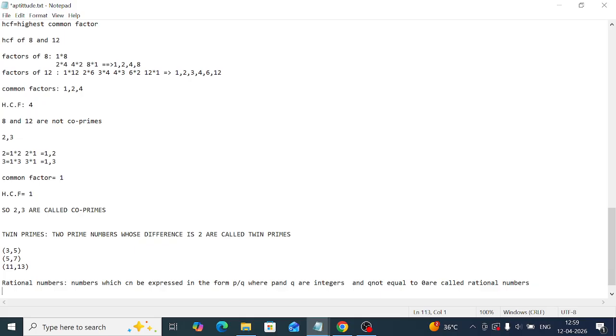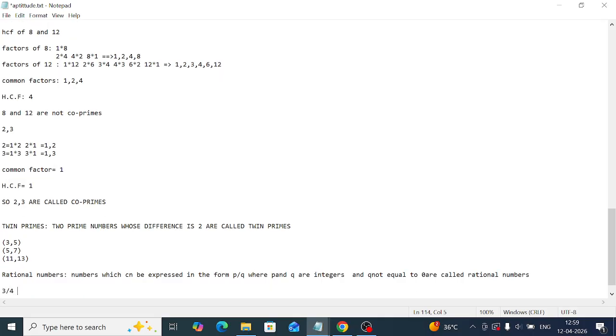Here P means what? Numerator. Q means what? Denominator. Okay. Suppose for example 3 by 4. Here P is 3, Q is 4.